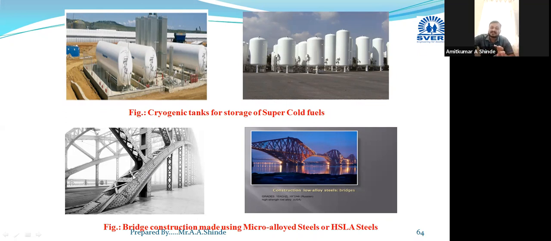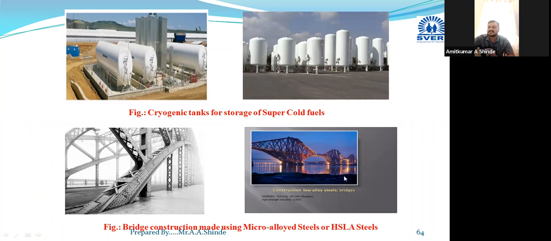Still, they will protect this steel in any condition, whether winter season, rainy season or summer season, it will get protected in all seasons. No coating or painting is required for this HSLA steel. That's why these are also termed as weathering steels, used for construction of bridges.